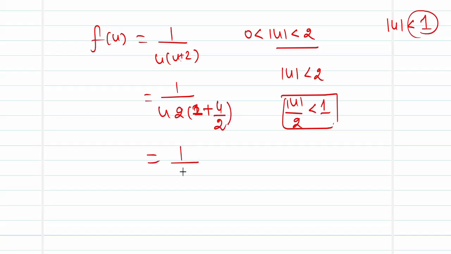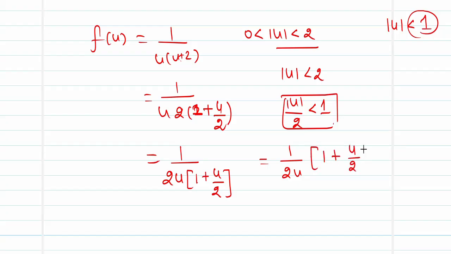Hence I have this as 1 divided by 2u into (1 plus u divided by 2). Now I have the format of the requirement. Take it to the numerator and rewrite it as (1 plus u divided by 2) power minus 1.